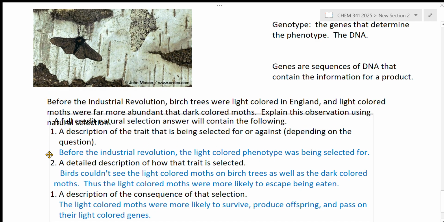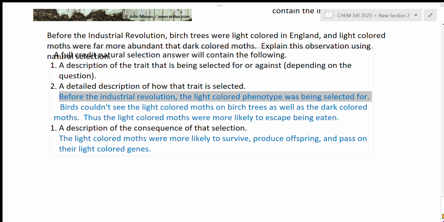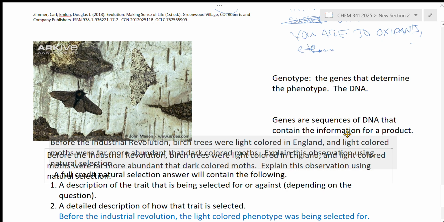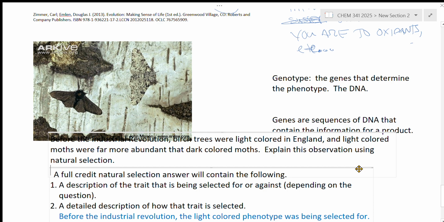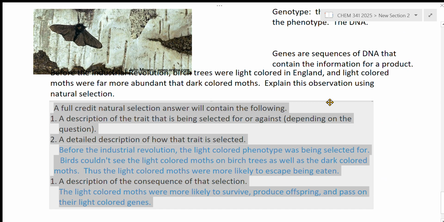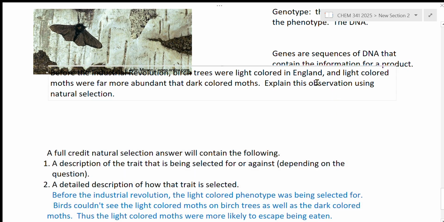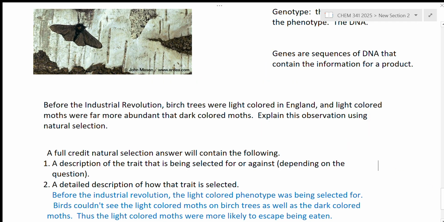See if I can figure out how to separate these. There. How's that? Questions? Okay.